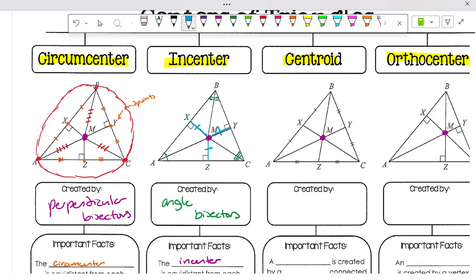The incenter does not always go through the midpoints, which we found out earlier. The inscribed circle is what actually forms the incenter. The incenter is the center of the inscribed circle.